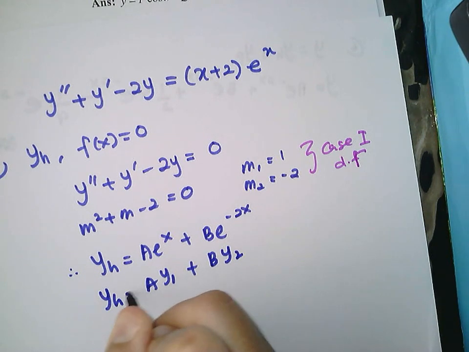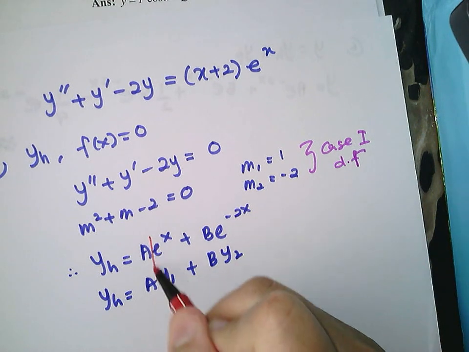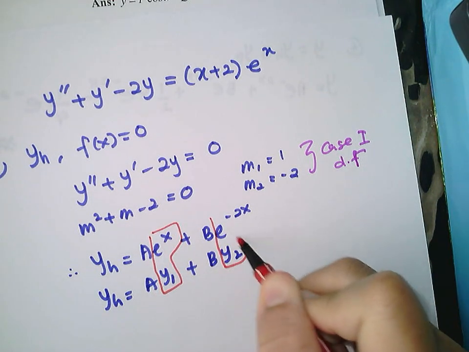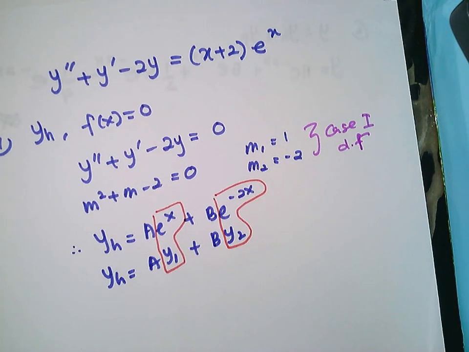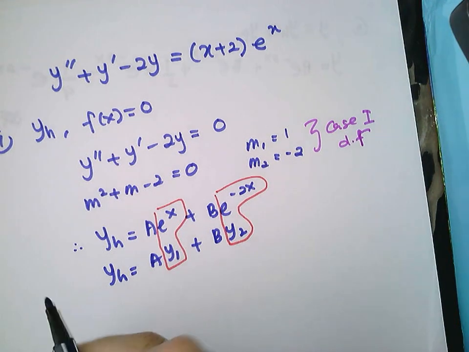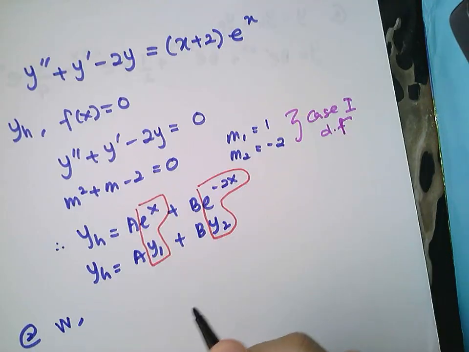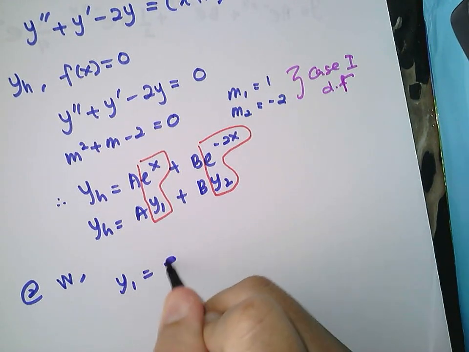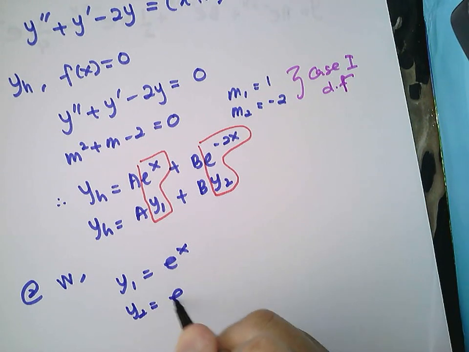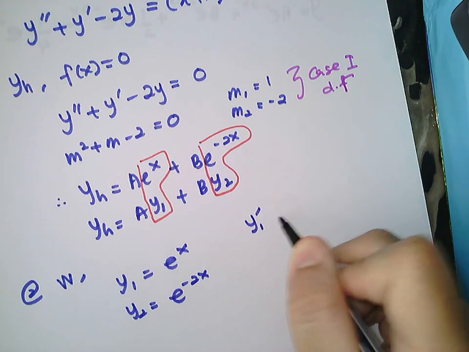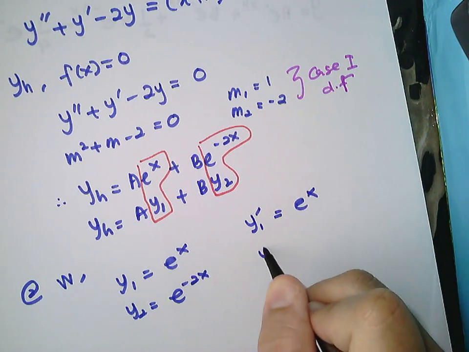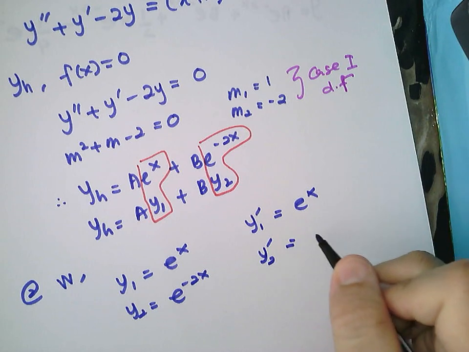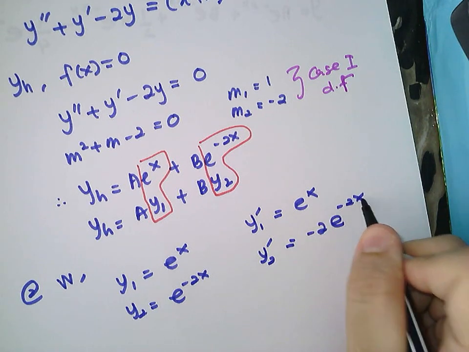So you know that your y1 equals e^x and your y2 equals e^(-2x). Step 2, you need to get your Wronskian function W. So define your y1 and y2 and differentiate them. y1 equals e^x, y2 equals e^(-2x). Differentiating y1 gives e^x, differentiating y2 gives negative 2e^(-2x).